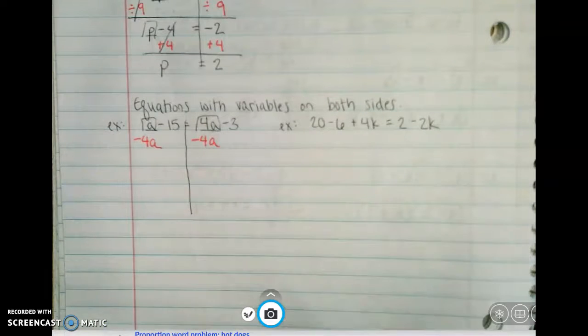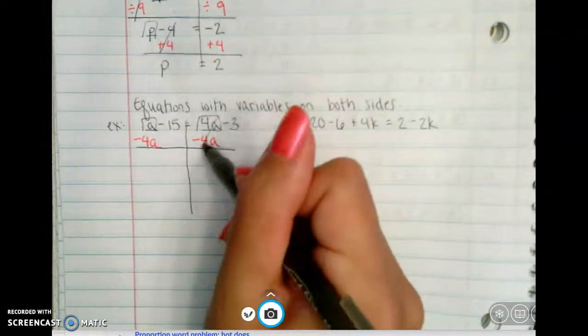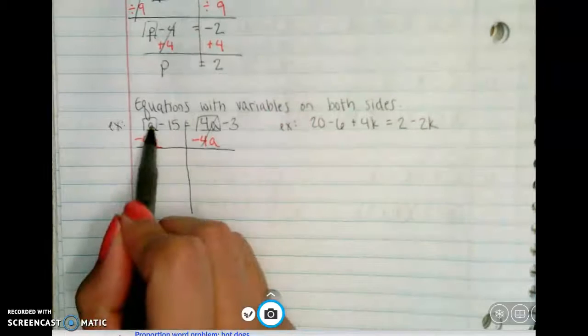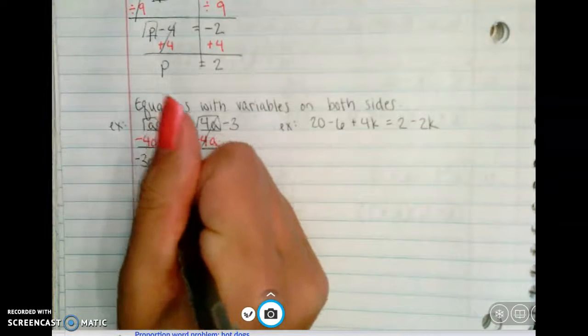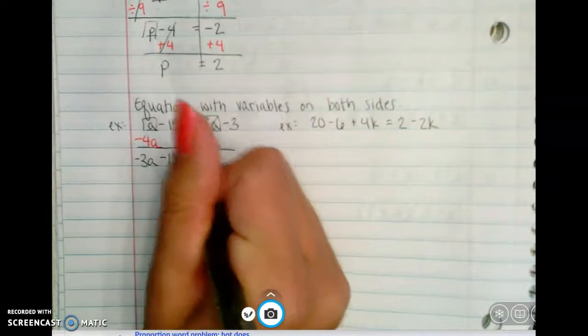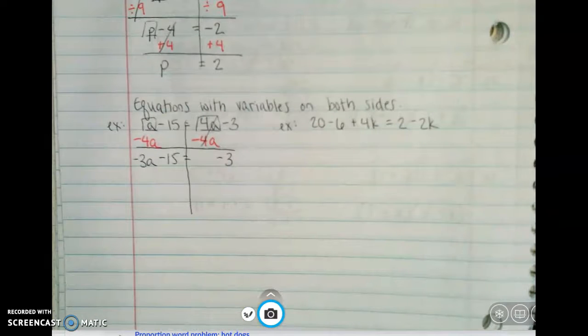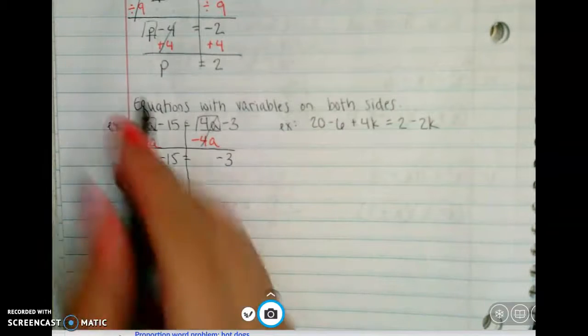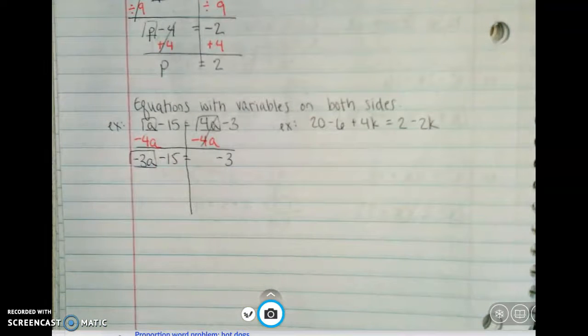When I subtract 4a on both sides of the equation, 4a and negative 4a cancel out. 1a minus 4a is negative 3a minus 15 equals, bring down the negative 3. Now again, I have a two-step equation where now I just have 1a. I need to get a by itself. So I'm doing the opposite.